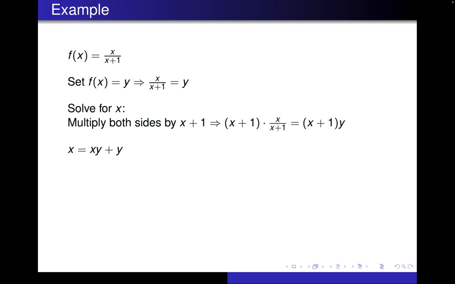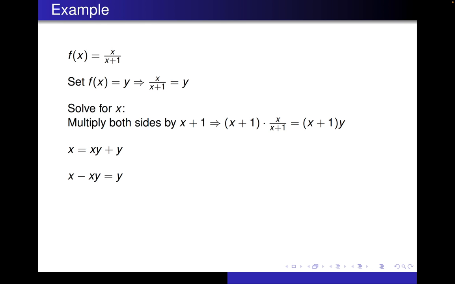Now, we want to solve for x by itself in terms of y. So even though we've kind of solved for x right now, it has an x on both sides of the equation, so that's not what we're looking for. So what we're going to do to solve for x is get all the x's on one side, because that's what we're solving for. It's actually going to be the same as we do for solving any equation.